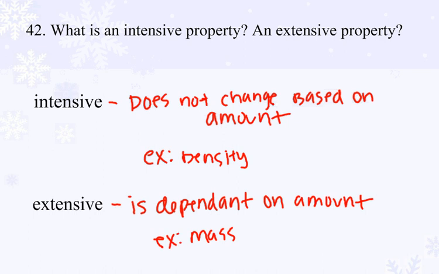Okay, so the more chocolate I have, the more mass it's going to weigh, or the more amount in grams it will weigh. That is very dependent on amount. Okay, so if I have this piece of chocolate, its mass is going to be higher than this little piece of chocolate. Okay, so it is dependent on the amount.